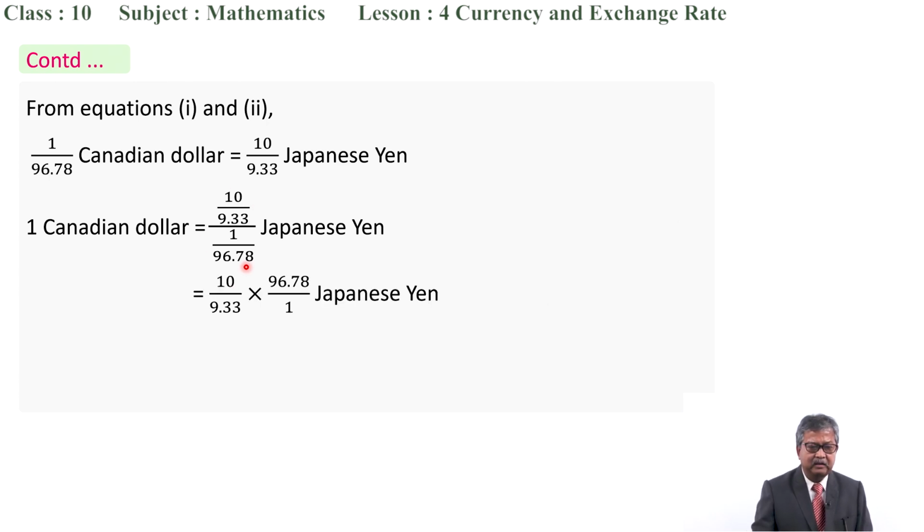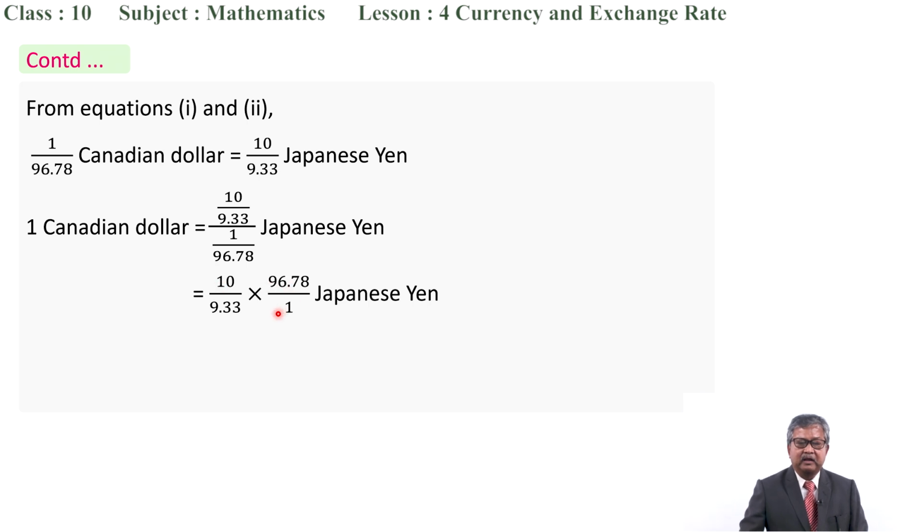So 10 by 9.33 into the reciprocal, 96.78 by 1. This is Japanese yen. Then this numerator 10 in this fraction and 96.78, the numerator of this fraction, we have to multiply.